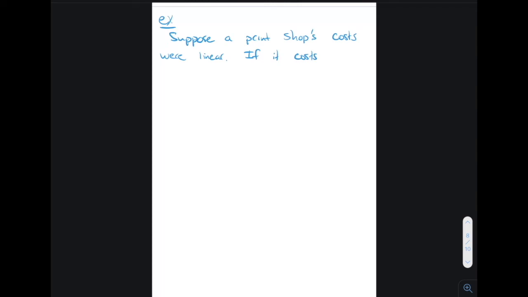Suppose it costs $1.30 to make 10 prints. And suppose they also tell you that it costs $1.72 to make 16 prints. And the question might be, how much would it cost for 25 prints?